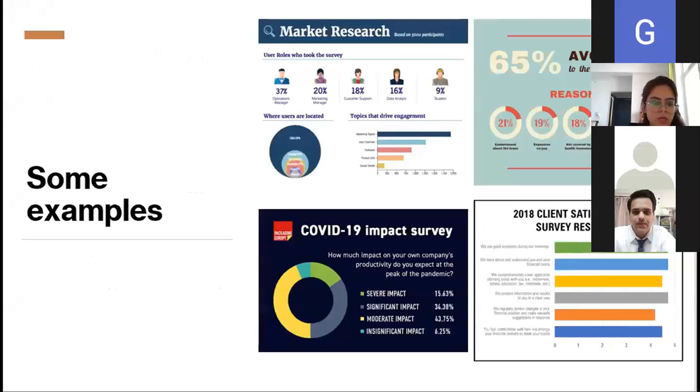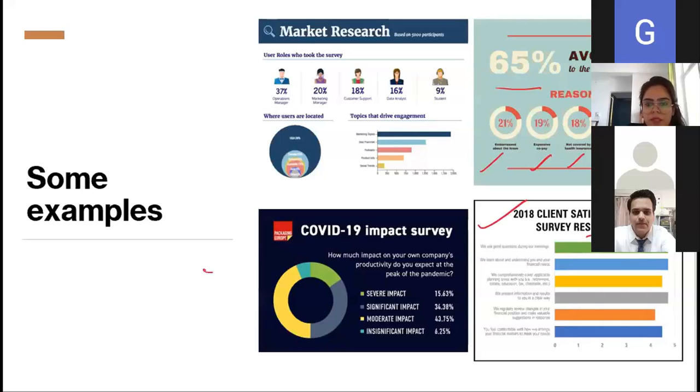So you must have gone through some of these infographics. You must have counted like that. This 65%. All these are examples of surveys. These are the reasons cited by these respondents. 7% are saying this, 13% are saying this. Or see this client satisfaction survey.